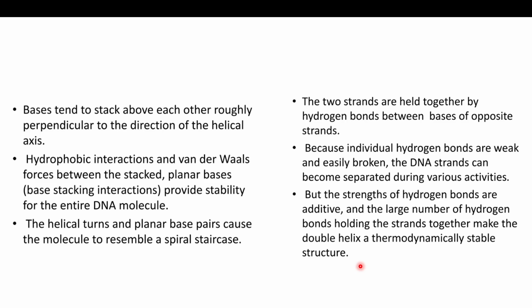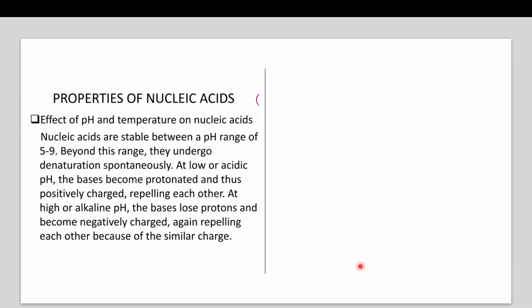Definitely the two strands give it stability, as well as the absence of the O atom at the 2' end of the pentose sugar, giving rise to deoxyribose sugar, adds to the stability of the DNA molecule.